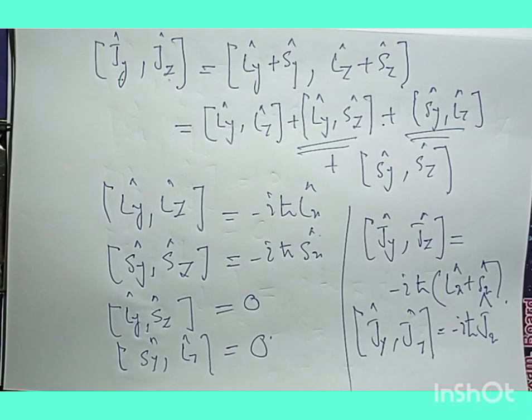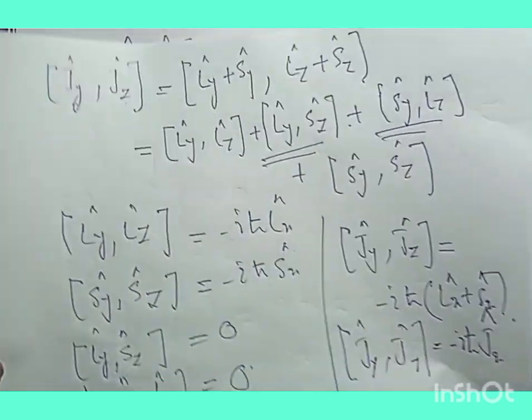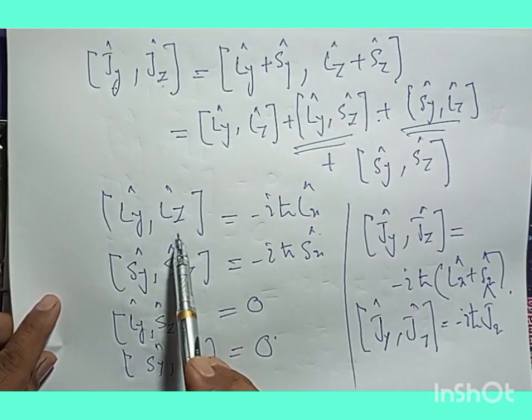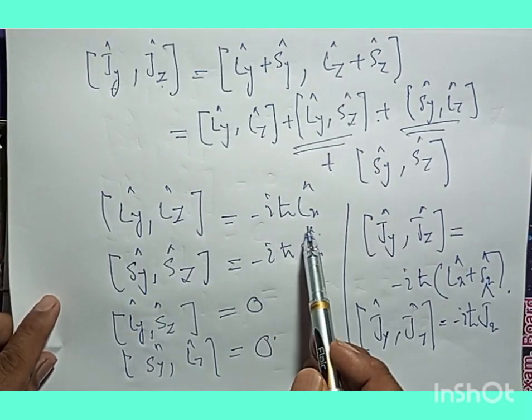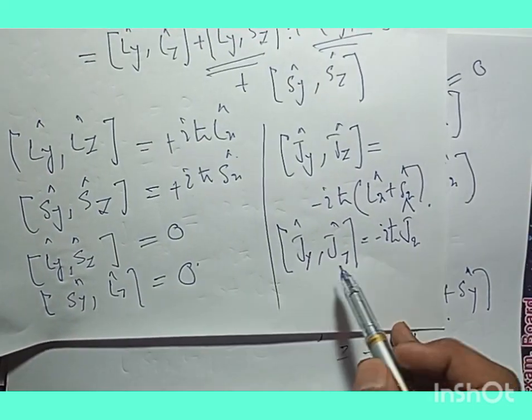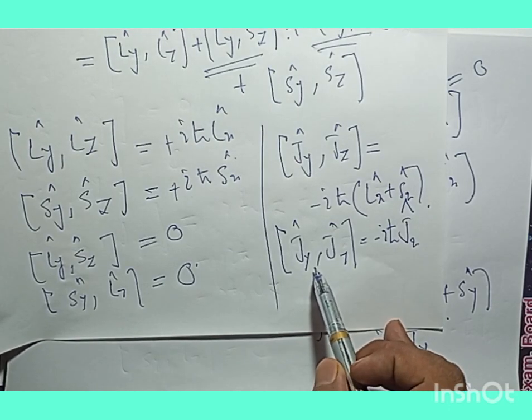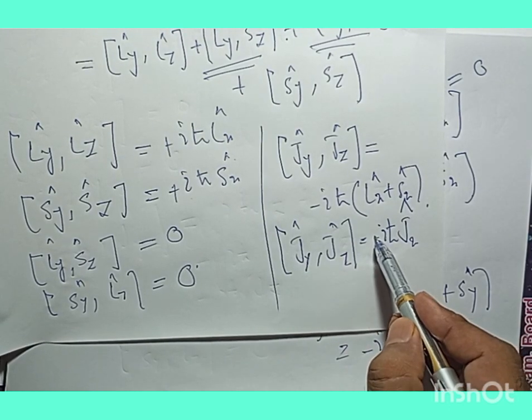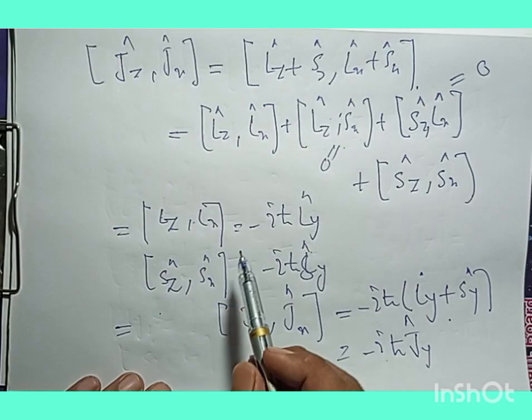I'm sorry for the mistakes that I have committed in this video in terms of the sign. Here I have used Ly, Lz. The commutation between Ly and Lz is plus iħ Lx, it's plus. Sy, Sz, it is plus. So here the result that we'll obtain for the commutation relation between Jy and Jz is going to be iħ Jx. And again, I have committed another mistake here.